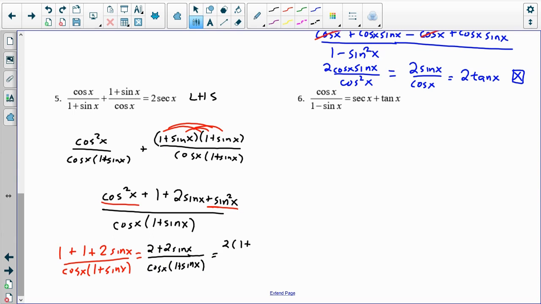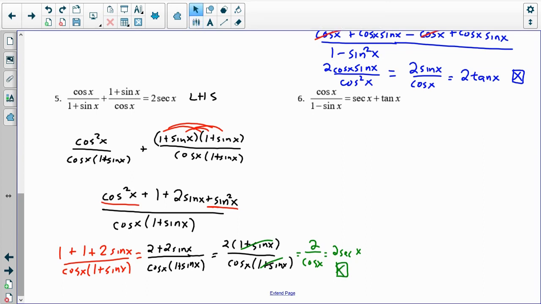So I have 2 times 1 plus sine x over cosine x times 1 plus sine x. 1 plus sine x's are going to cancel. So I end up with 2 over cosine x, and that equals 2 secant x, and I'm done.